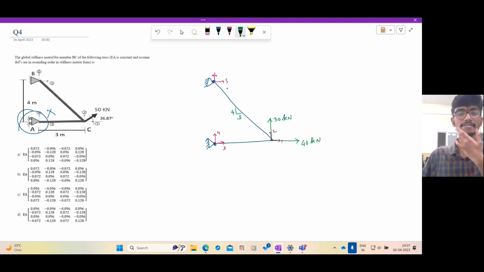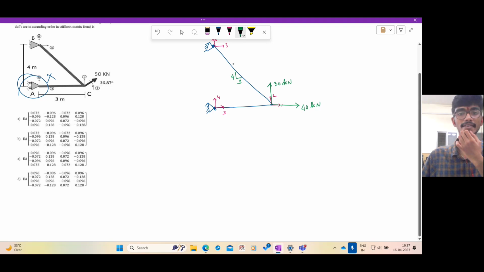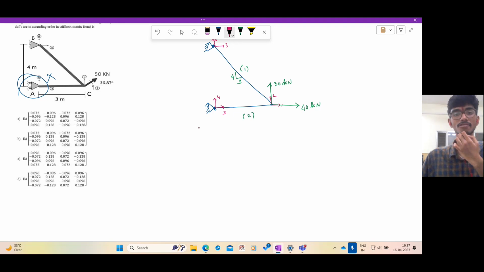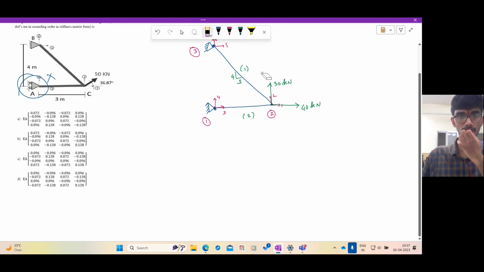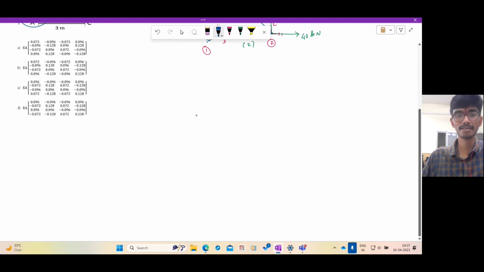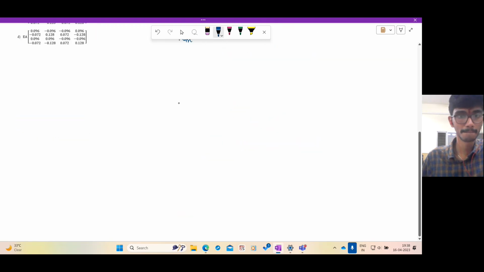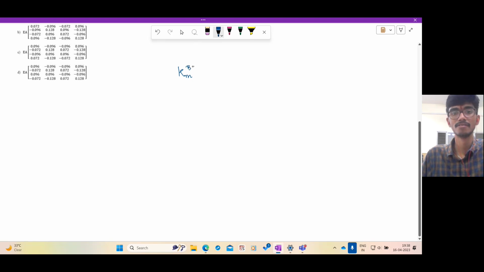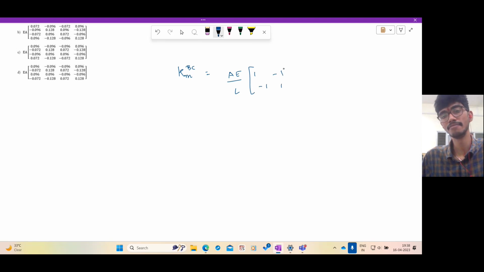So now let us consider element by element. Let us consider this as member 1 and this as member 2. And let us do the node numbering as follows: node 1, 2, and node 3. In the local coordinate system, for the member BC, the stiffness matrix is given by AE/L times [1, -1; -1, 1].